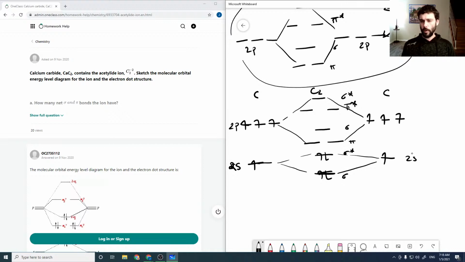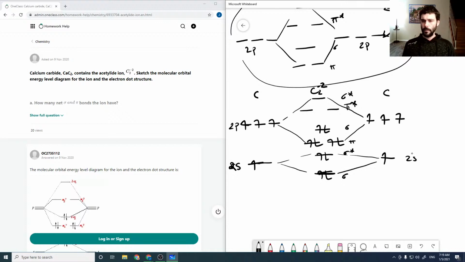That'd be 4, 8. So 1, 2, 3, 4, 5, 6, 7, 8. So that's C2, but then we need a -2 charge, so that's an extra 2 electrons. So then there is our molecular orbital structure for C2 2 minus.